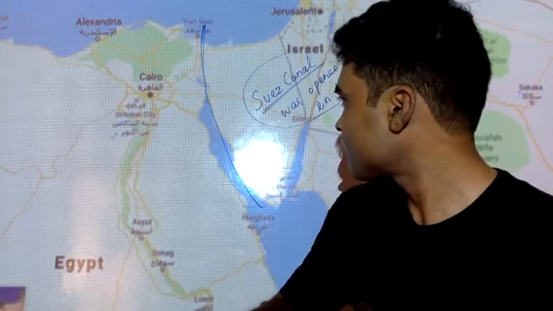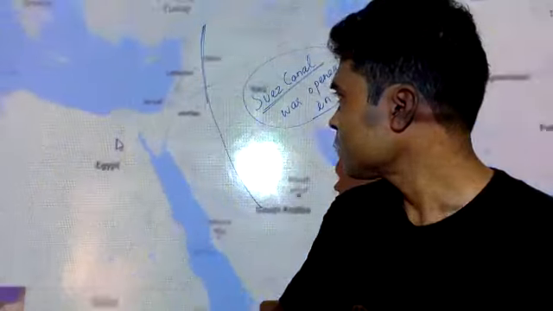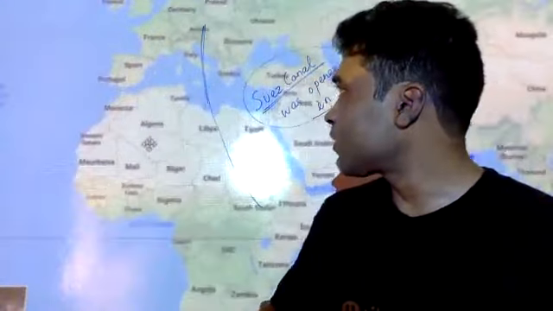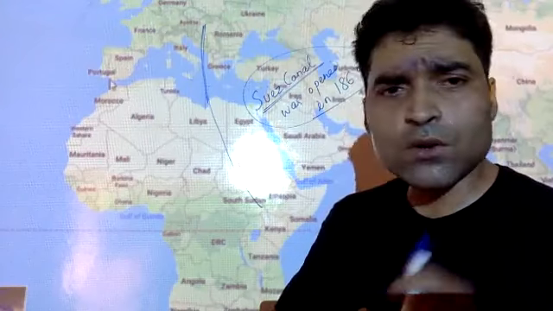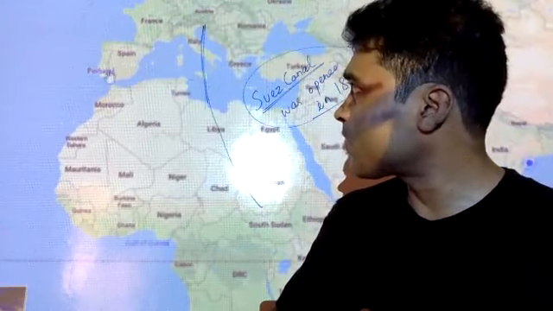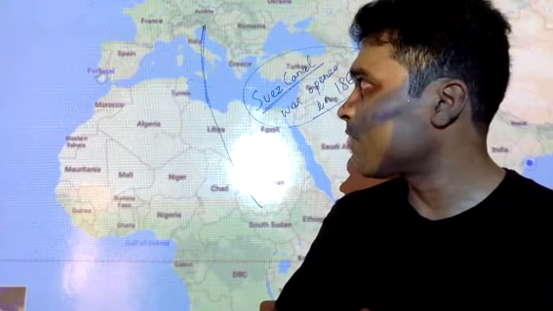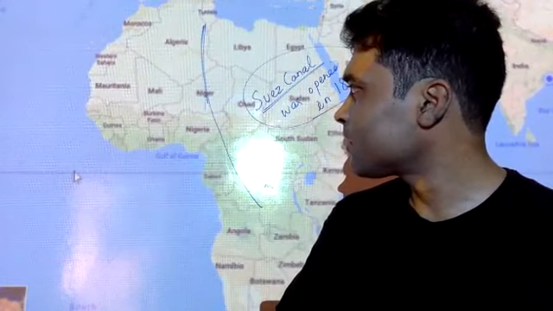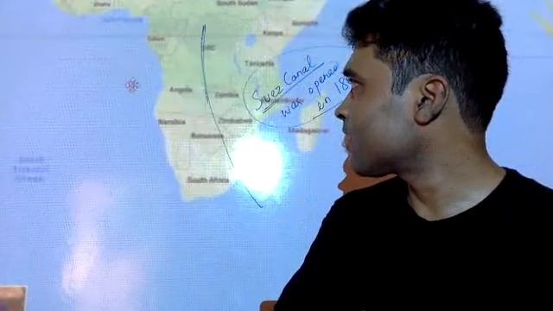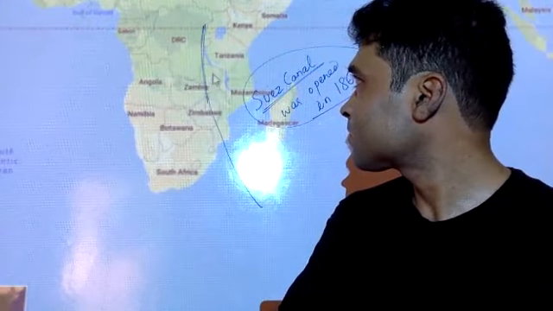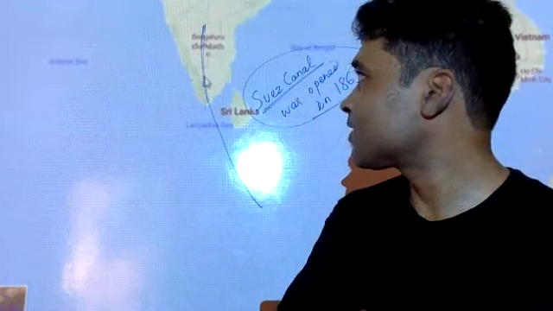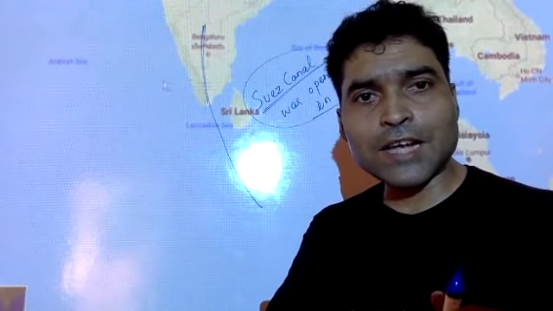Just see here. This is Suez Canal, right? Suppose we know Vasco da Gama. So Vasco da Gama came from here, Portugal, and he moved like this, then he moved like this. Then he came to India, to Calicut, right?